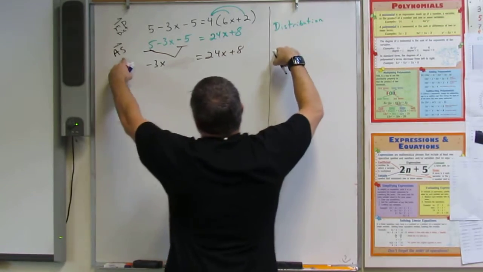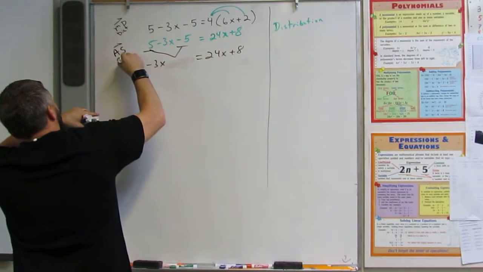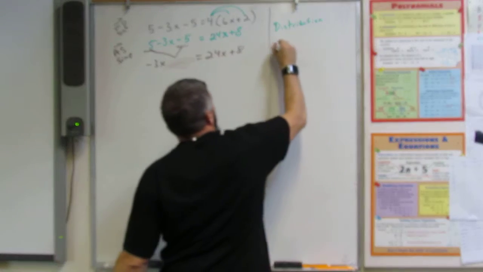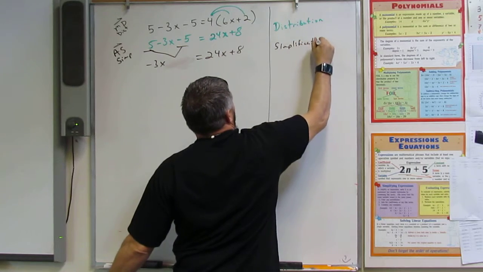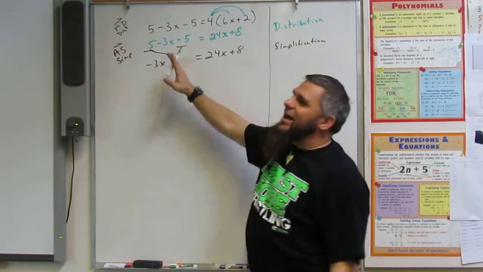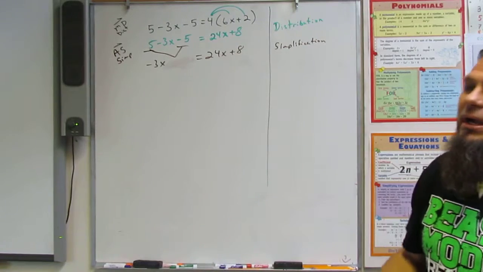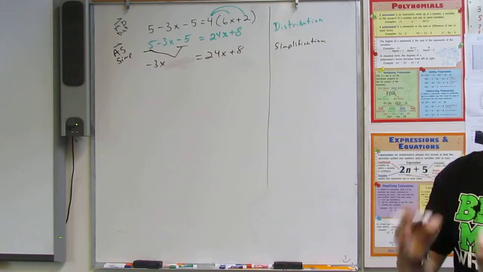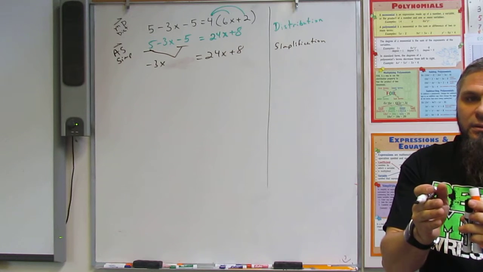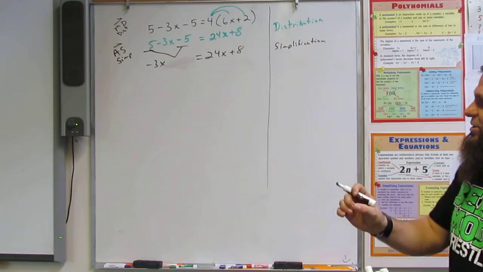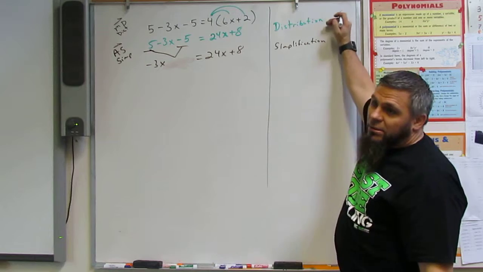What do we call this? Simplification. Whenever we do it to just one side, and that's where we're getting confused. Anytime we're doing PEMDAS, it's simplification or distribution.